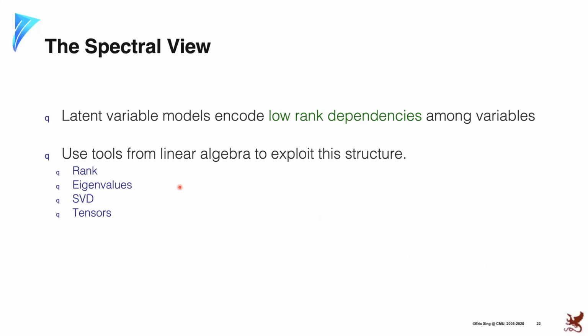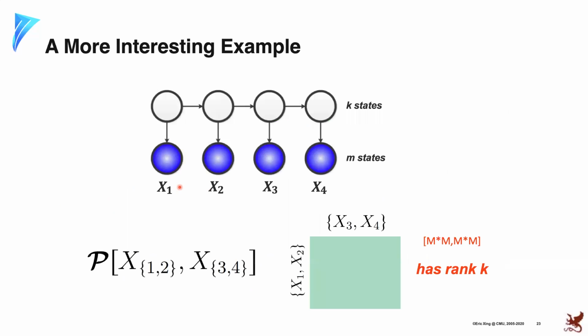And the way we're going to factorize is to use linear algebra, because now we're playing with matrices. So we can utilize the tools we are very familiar with, like the rank, eigenvalues, SVD, and tensors. The last example was just a two variable example.